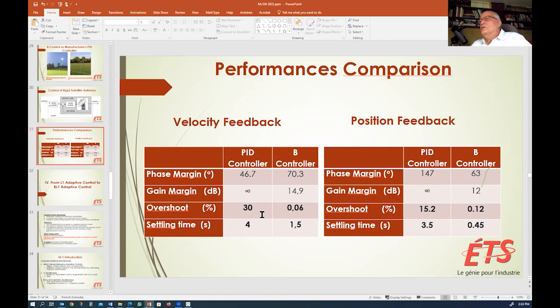The overshoot goes from 30 to 0.06, settling time from 4 to 1.5. Again, for the position feedback, from 15 overshoot to 0.12, settling time from 3.5 to 0.45, which means if you have a satellite and you want to orient it from one angle to the other, but fast, and stick with it and lock on the target, you can do it much faster with no oscillations, no overshoot, no nothing.